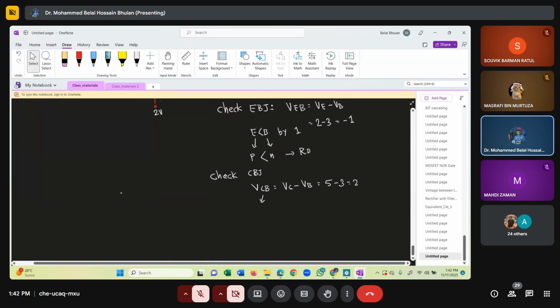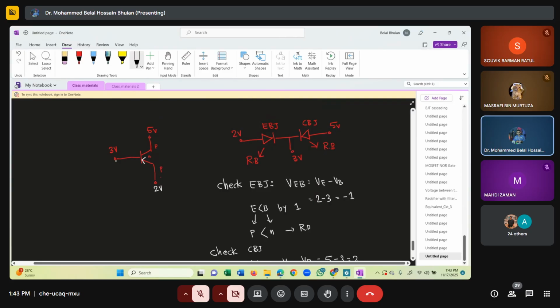C is our P type material and B is our N type material. So clearly P is bigger than N by 2 volt. So that gives us forward biased. Yes, it's forward biased.